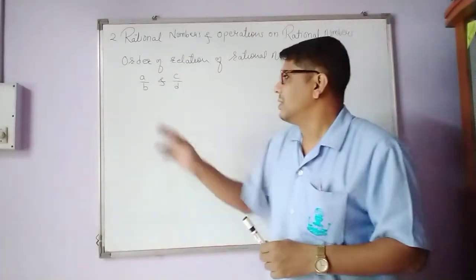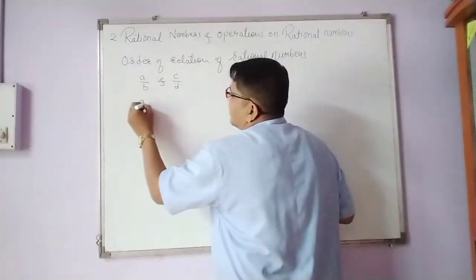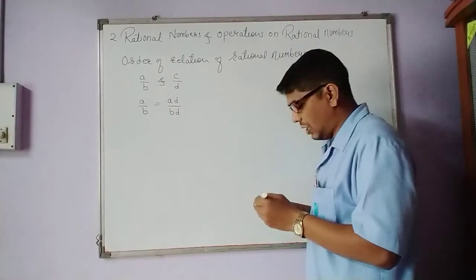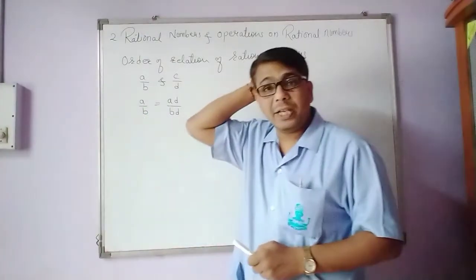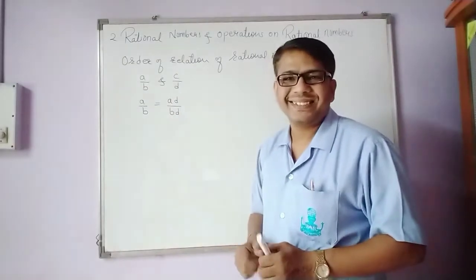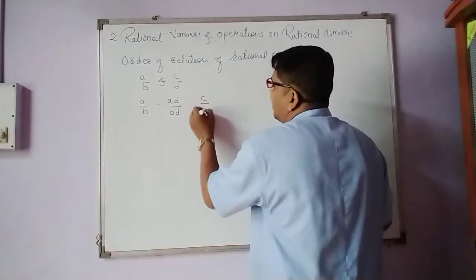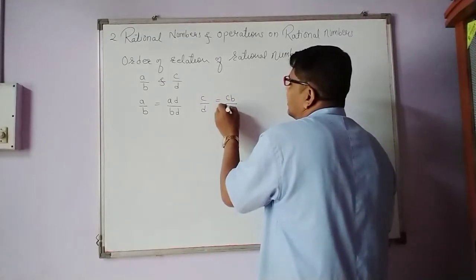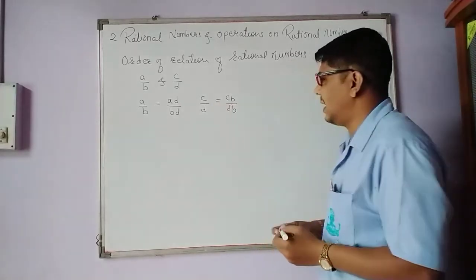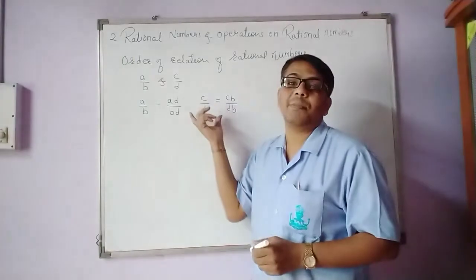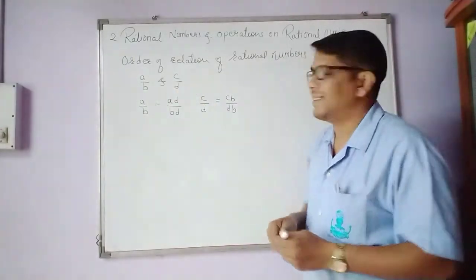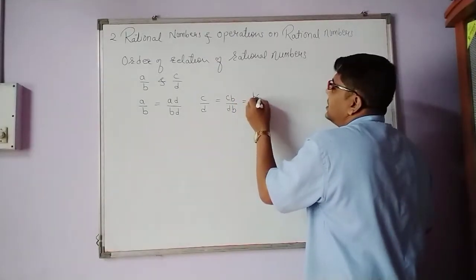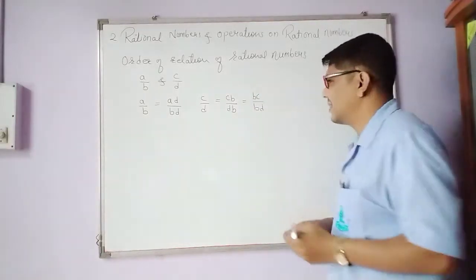Now I can write A upon B as A into D upon B into D, so I have multiplied A upon B by D. Similarly, I can write C upon D as C into B upon D into B, multiplying C upon D by B. Now DB and BD, I can write as BD. It becomes easy.